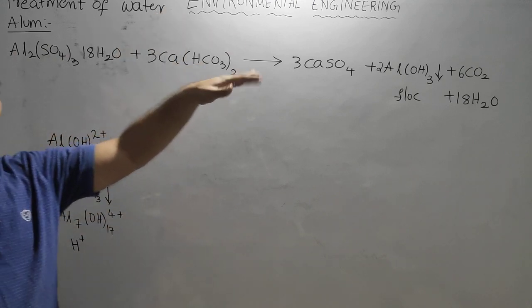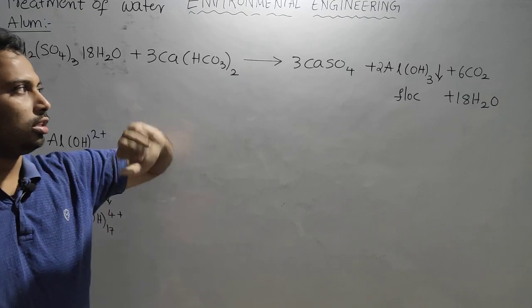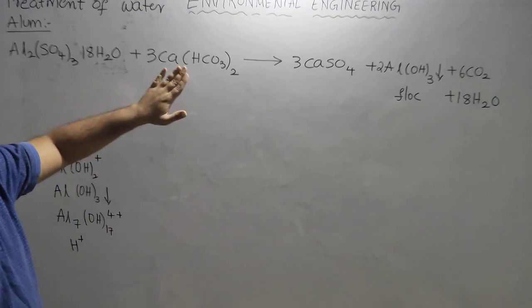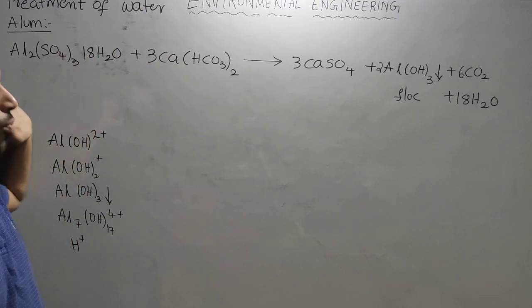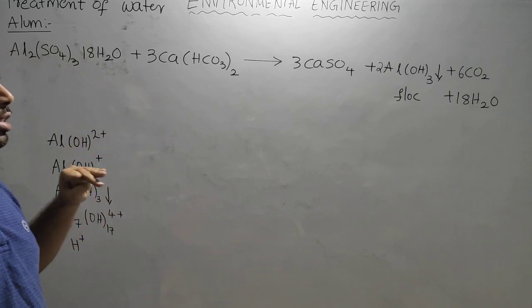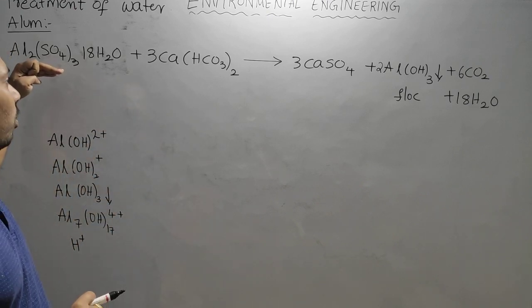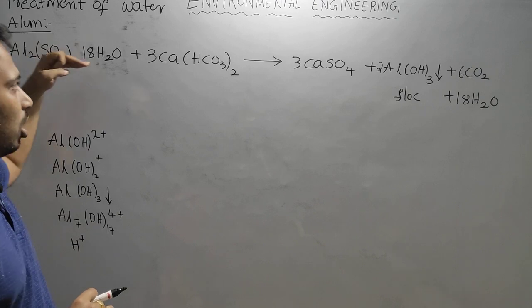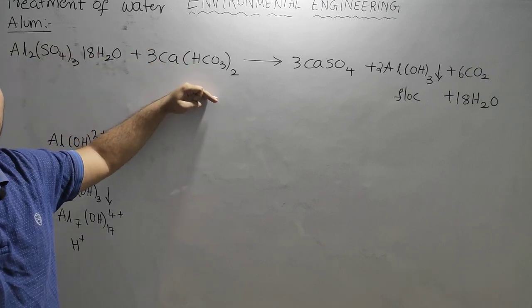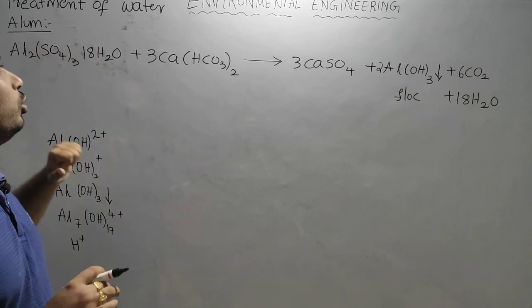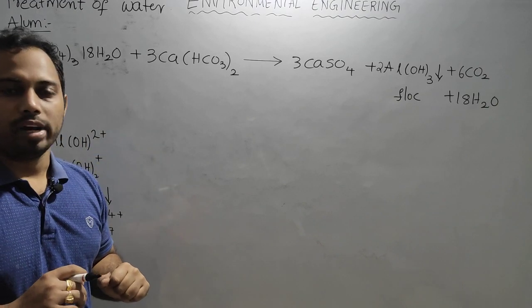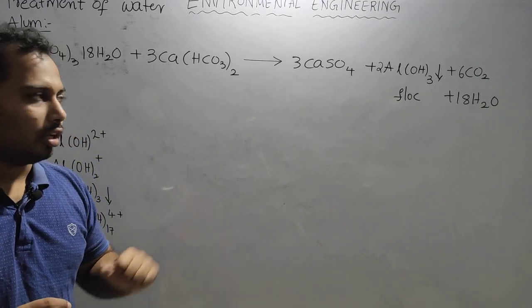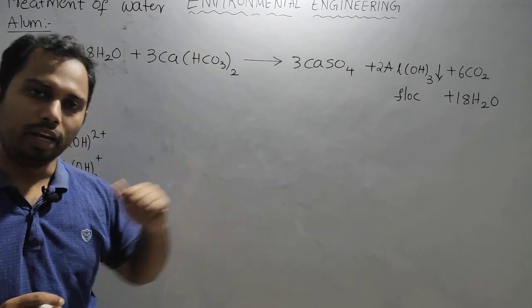What the products are and all, we will think of later. First, the products will form when you add this to the alum. So first of all, your basic study is: for some amount of alum, how much alkalinity is needed. You need to know that as an engineer. For effective work, alum needs alkalinity.